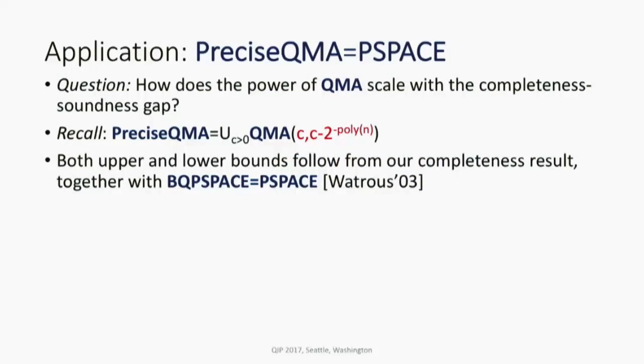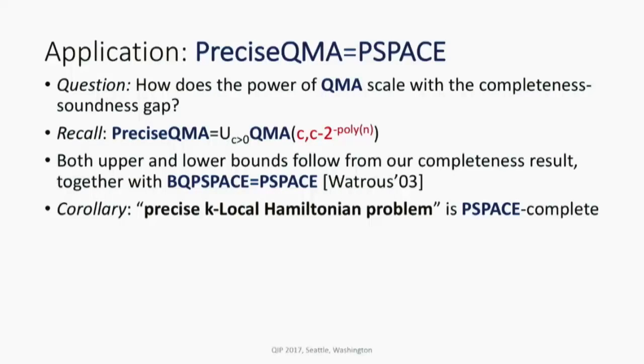It turns out that both upper and lower bounds follow from the result I just showed, the completeness result, together with an older result by Watrous, which shows that BQPSPACE is equal to PSPACE. BQPSPACE is just what I was calling BQSPACE with any polynomial in n space bound.